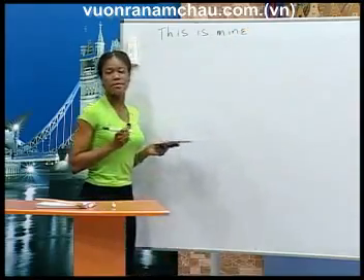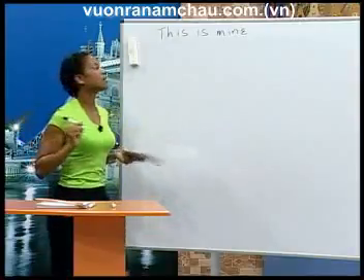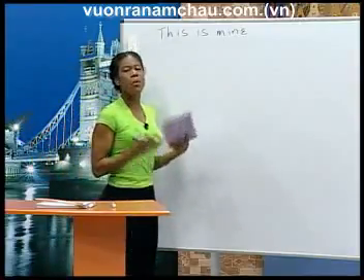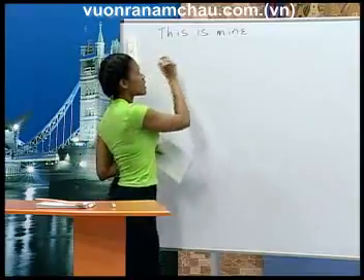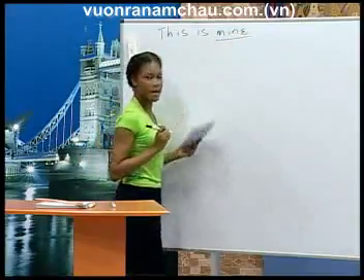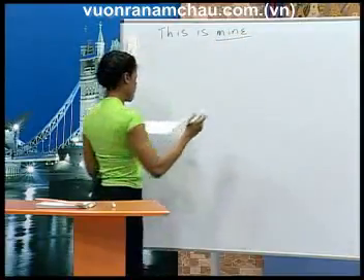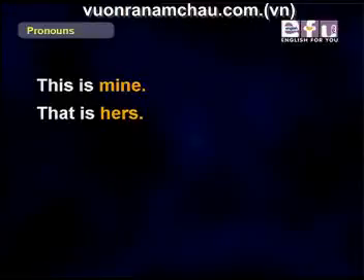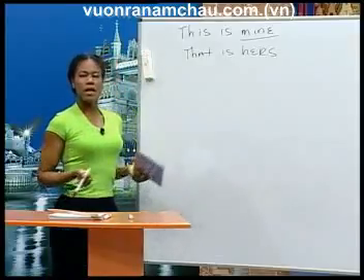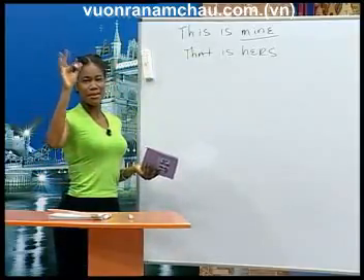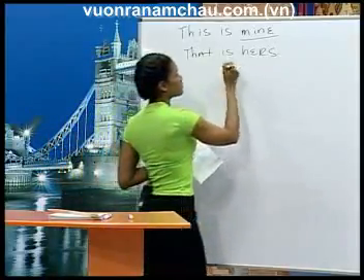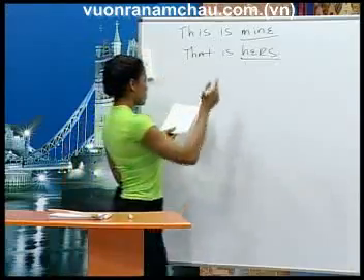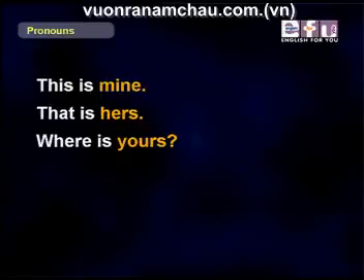So instead of saying this is my pen, if we already know what we're talking about, we can say this is mine. Possessive pronoun. That is hers. Okay, so this pen is mine. This is mine. That's hers. That is hers. Okay? All right, next one.